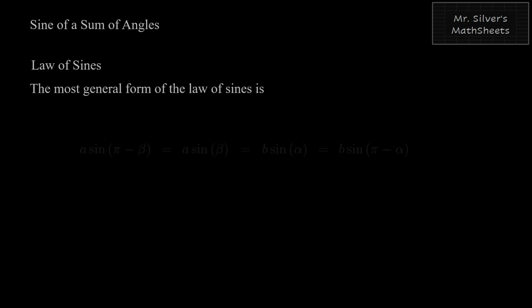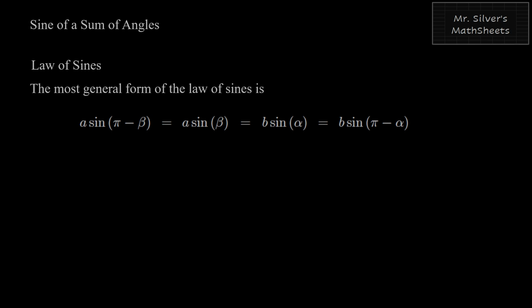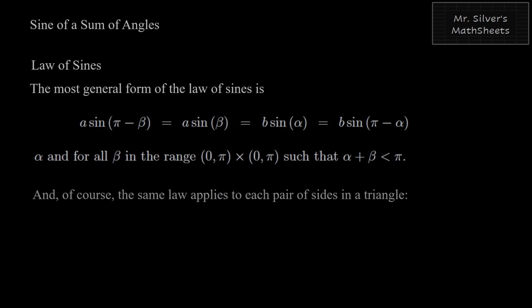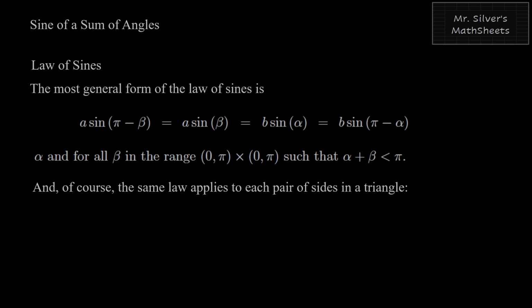So there are several different versions of the law of sines. We can write it in any of these possible ways. And we can also compare not just A and B, but A and C, and we get a version of the law of sines that compares A and C or B and C.